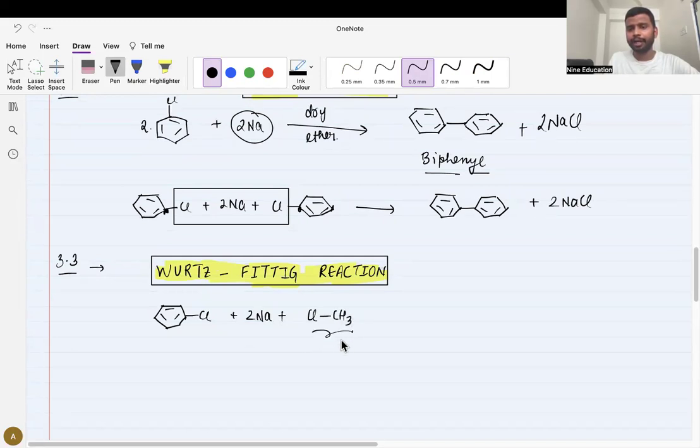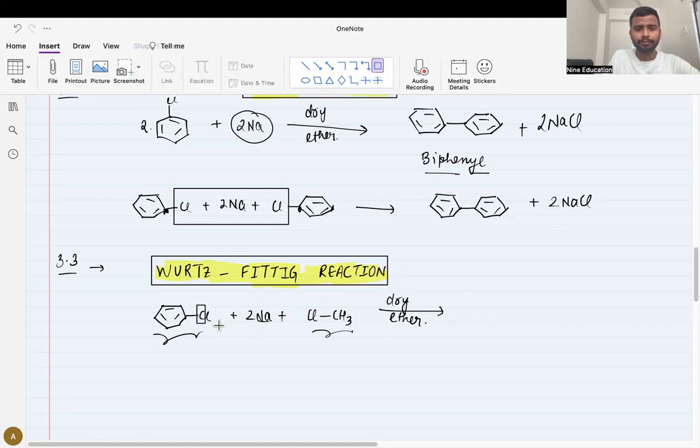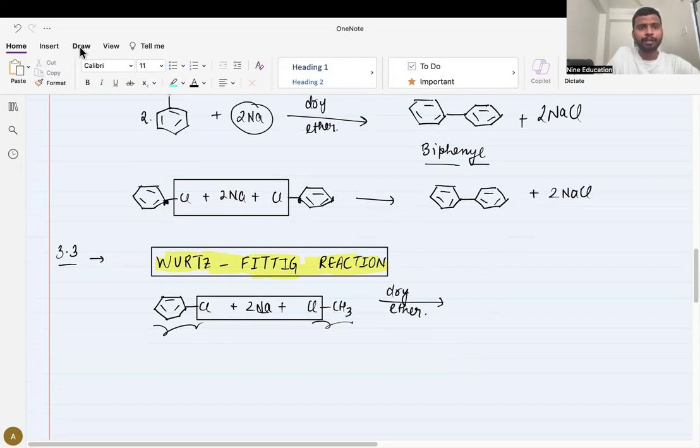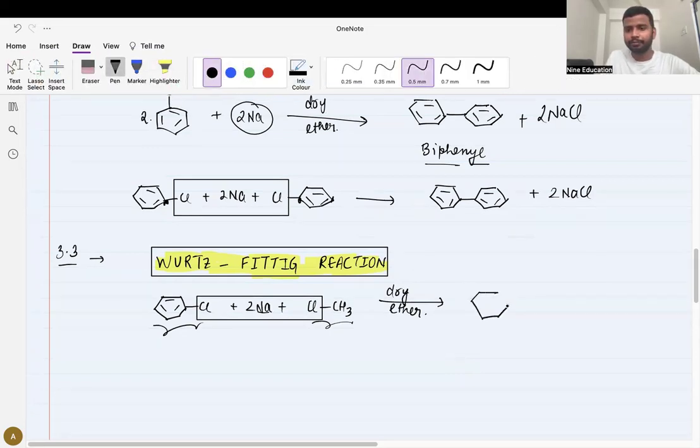So one is aliphatic, one is aromatic, so ये वाला तो Fittig देगा, ये वाला Wurtz देता है ना। So if you have these two, sodium in dry ether is used. So you will make NaCl, you have to remove NaCl, and you will make the bond between carbon and carbon, which one? Between this phenyl and CH3. See?